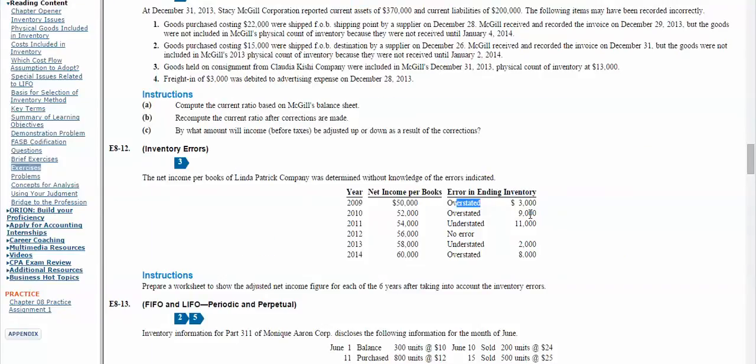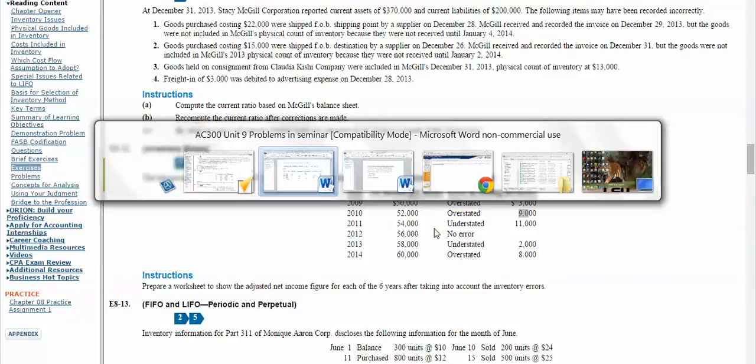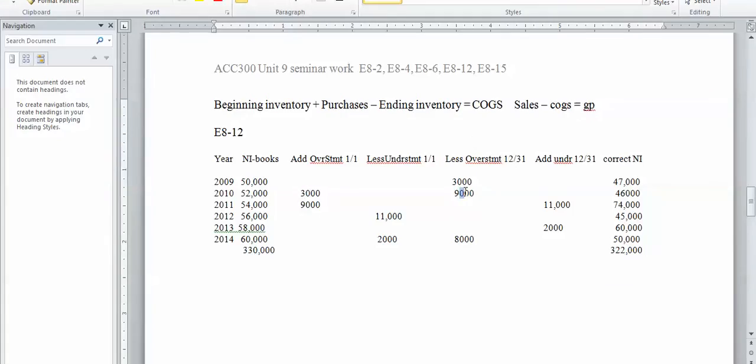And in the current year we had an overstated ending inventory of 9,000. So we're going to subtract that, because it's ending inventory, it's overstated, we subtract. Beginning inventory overstated, we add. So 52,000 plus 3 would be 55,000, minus 9 gives us 46,000.